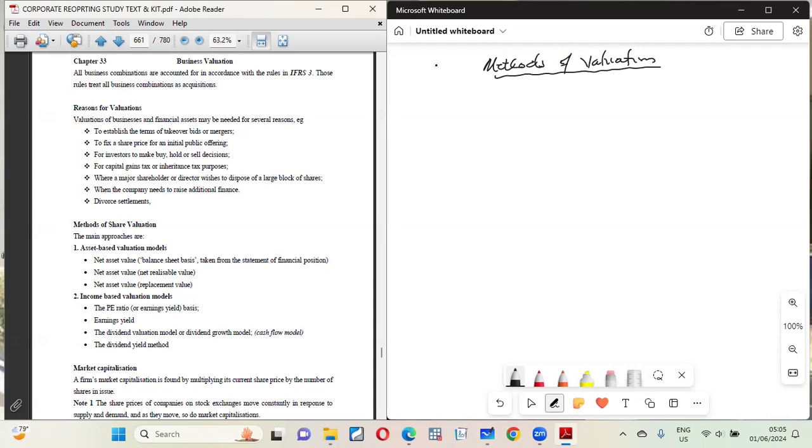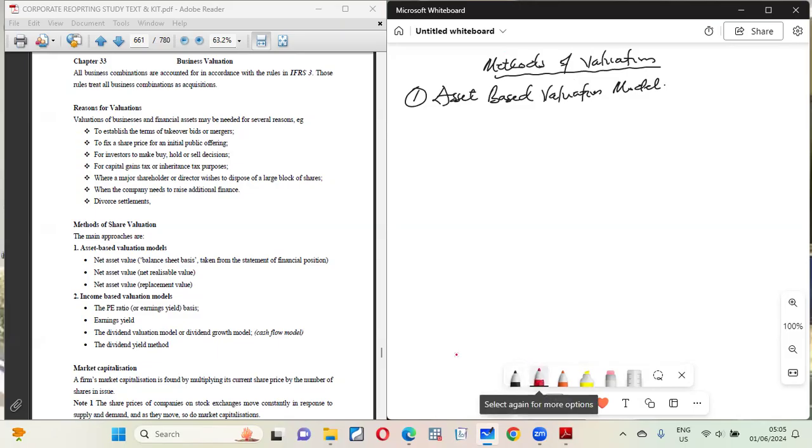But the first one is the asset-based valuation model. The asset-based valuation model is quite simple. It has three methods and sub-methods.